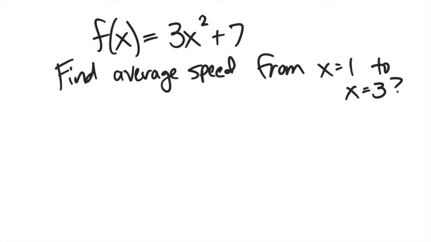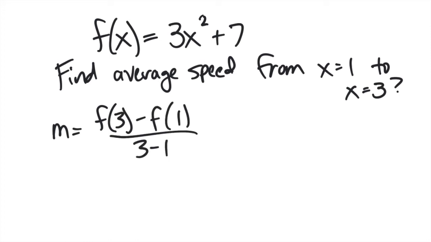Now, I might not give you the y values, but that's okay. You should be able to use the fact that m is, as we called it in a past class, y2 minus y1 over x2 minus x1, but it should be just as fine to say f of 3 minus f of 1 over 3 minus 1. Those are the y values on top, the x values on bottom.